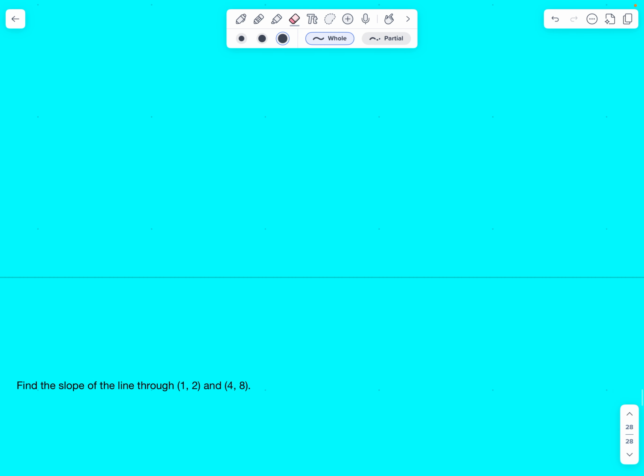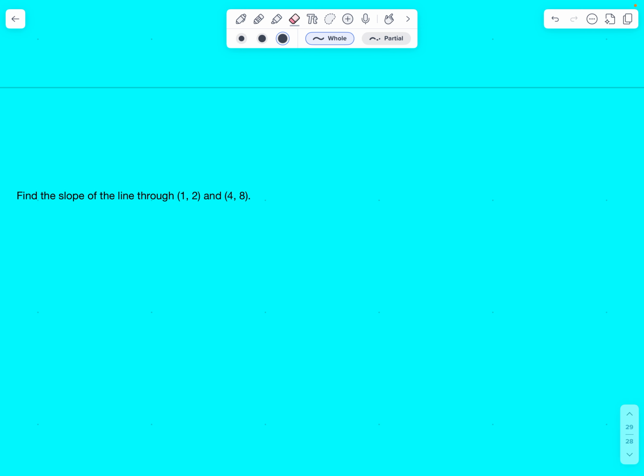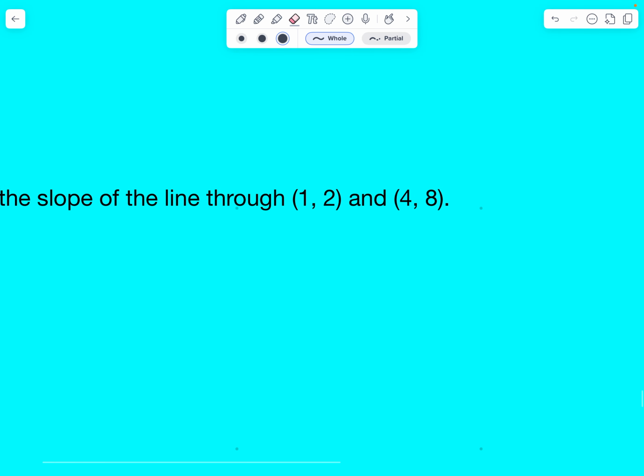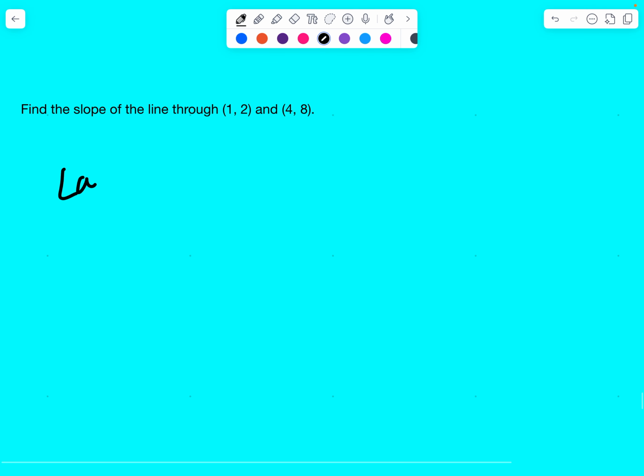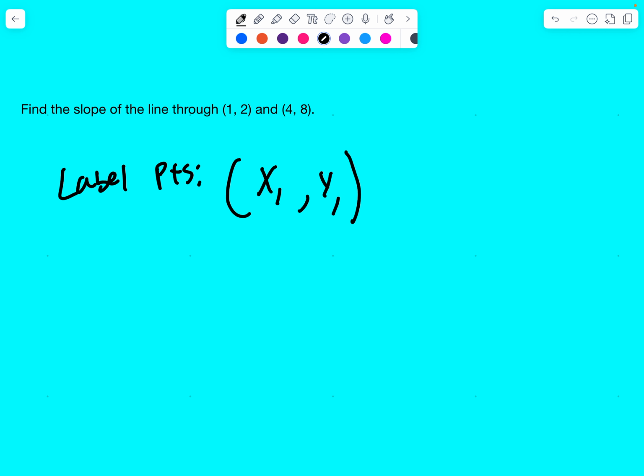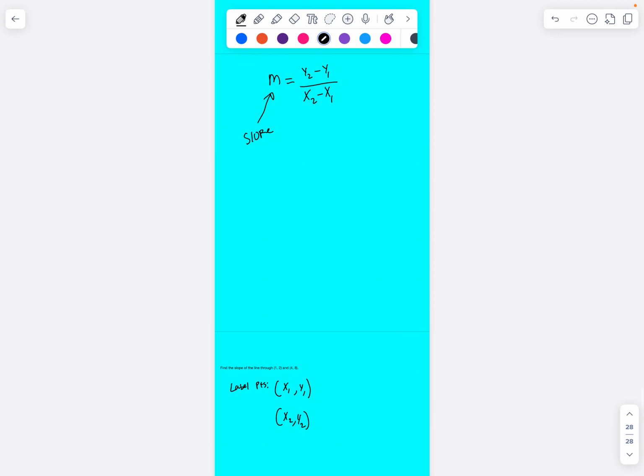Let's do an example. In this problem, it says find the slope of the line through (1, 2) and (4, 8). We know the first step is to label the points. So we have x1, y1, and then we need an x2, y2, just because of that formula, which is right there: y2 minus y1, x2 minus x1 for m.